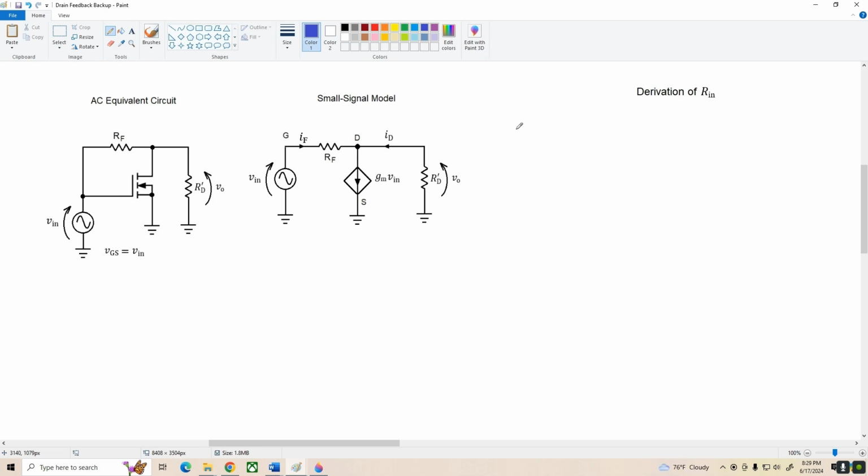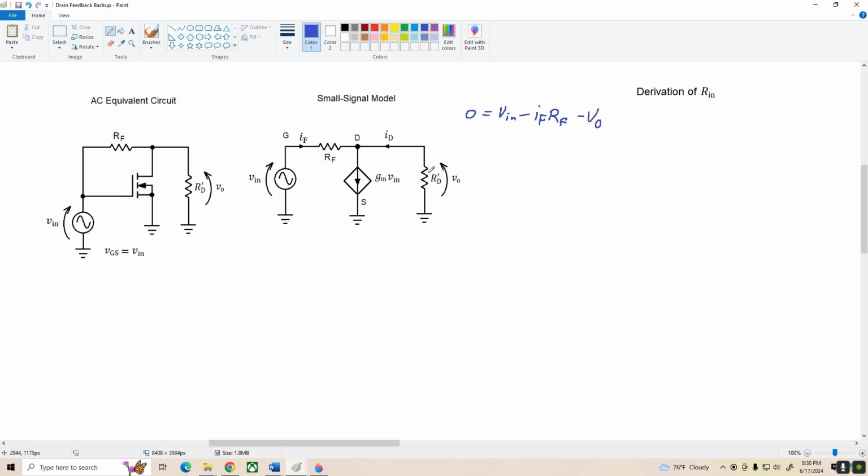So what I'm going to do first is KVL around this outside loop of the small signal model, and that gives me 0 equals V in minus the drop across RF, and that would be I sub F times RF, minus V out.